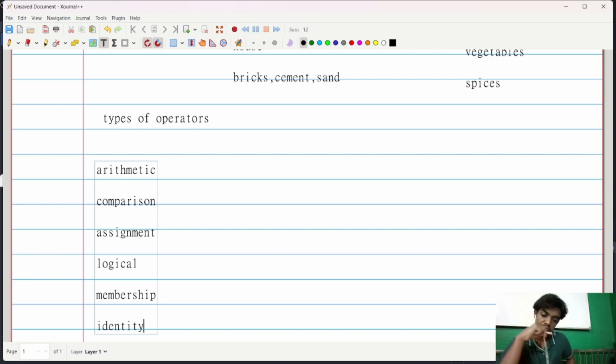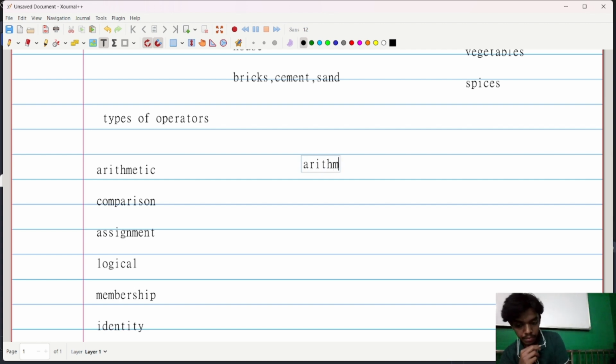There are many kinds of operators. Today we'll focus on the first category, which is the arithmetic operators. These are the operators you already know from mathematics, right? So today we'll learn about the arithmetic operators.